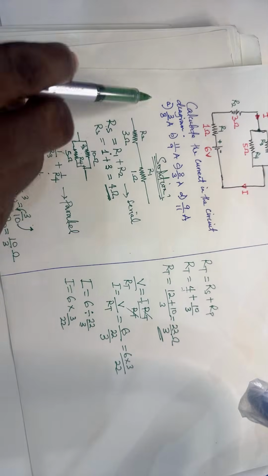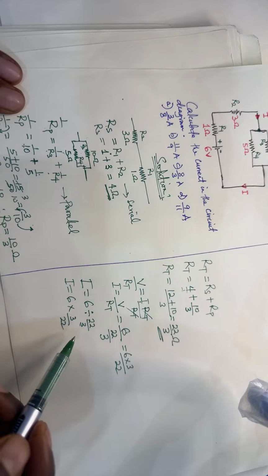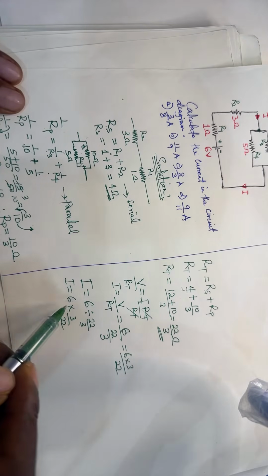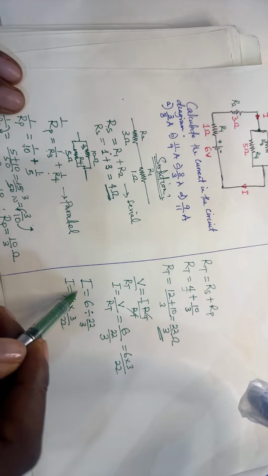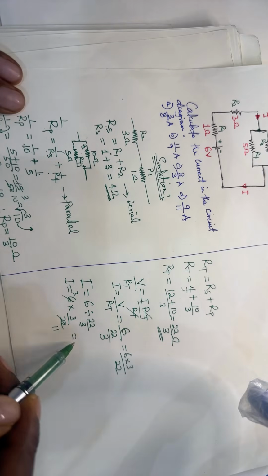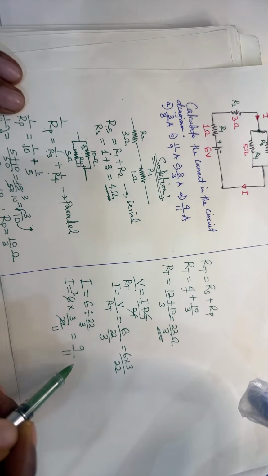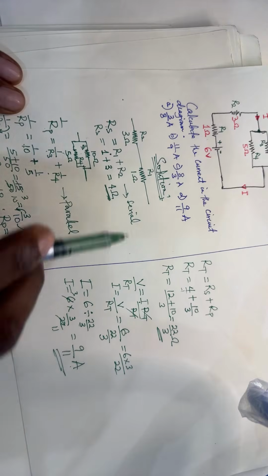So I go try reduce this thing. 3 and 22 no fit go, but 6 and 22 go. 2 goes into 6, it will be 3. 2 goes into 22, will be 11. And 3 times 3 will give me 9, divided by 11. Then the unit of current is ampere. So which option is correct?